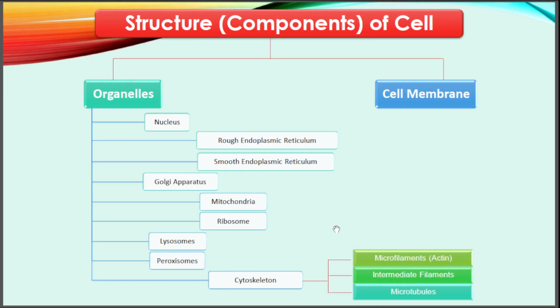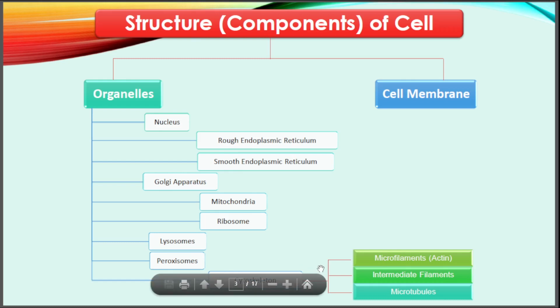In the structure or the components of the cell, we'll be mainly discussing the organelles and the cell membranes. The organelles are surrounded by the cell membrane, and the functions of the cell are compartmentalized into different organelles like the nucleus, rough endoplasmic reticulum, smooth endoplasmic reticulum, Golgi apparatus, mitochondria, ribosomes, lysosomes, peroxisomes, and the cytoskeletons.